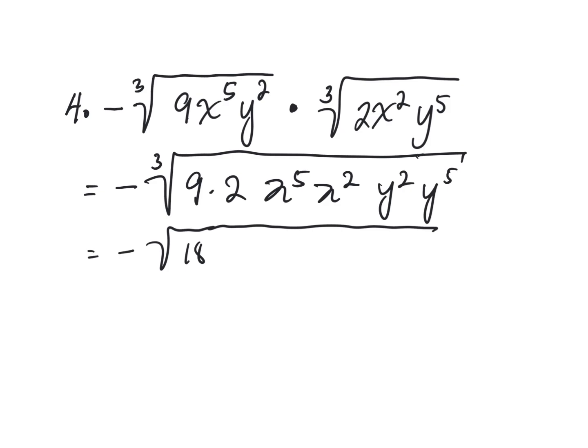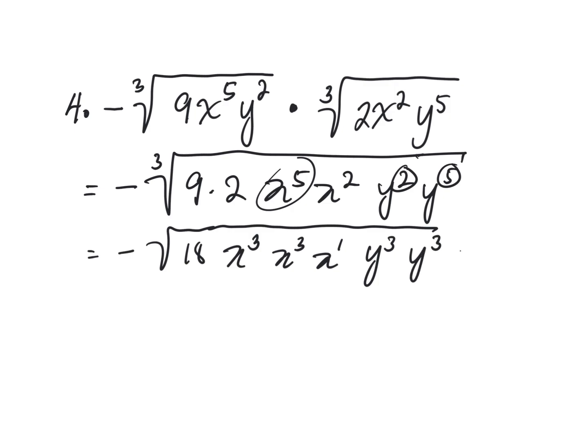Here on that x^5, you can create one x cubed, and then another x cubed, and then x raised to 1. Because this is 7, we're just going to add their exponents, totaling 7. So we're going to create cubes here also. Perfect cube y cubed, another y cubed, that's 6, and y raised to 1.